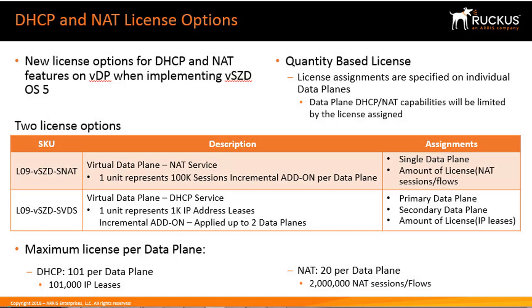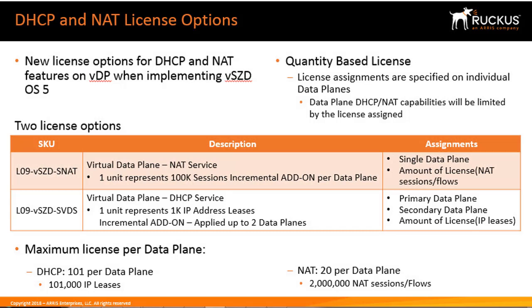So the new license options for DHCP and NAT features on the virtual data plane when implementing Virtual SmartZone Data Plane OS 5 is that it's a quantity-based license. So license assignments are specified on individual data planes. So a data plane's NAT capabilities will be limited by that license assigned to any given data plane that you have deployed.